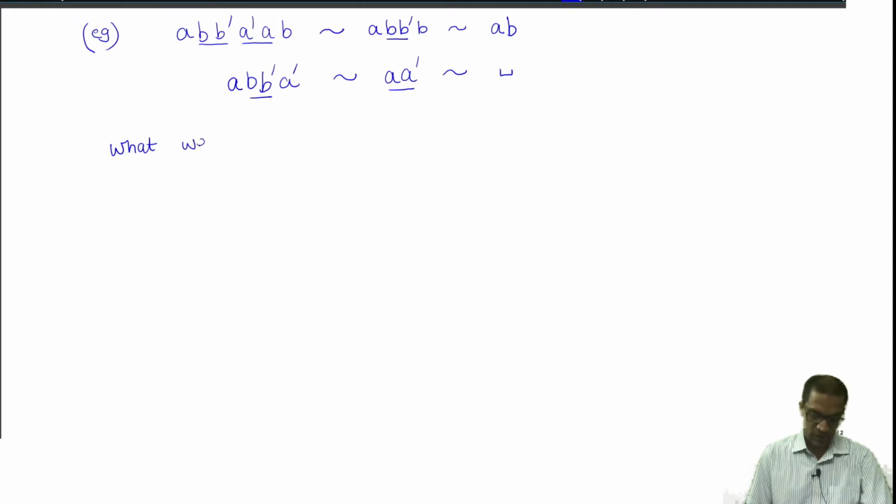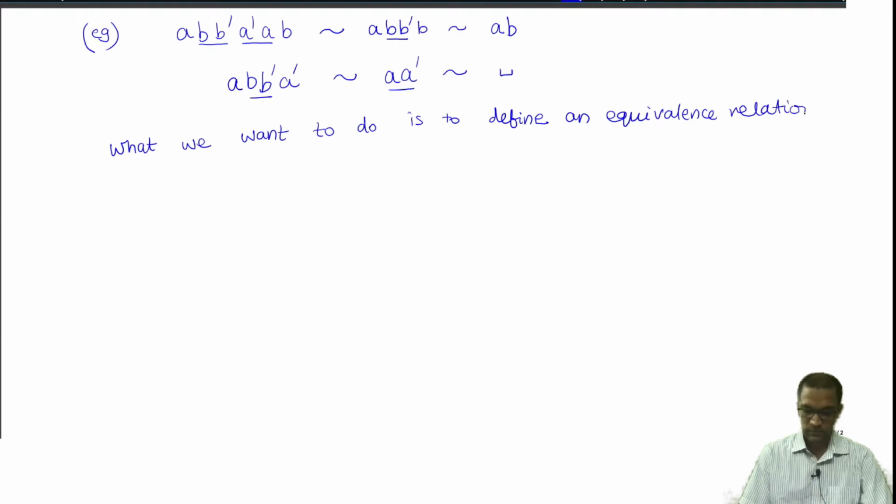So what we want to do really is to define an equivalence relation, which I'll denote by tilde, on the set of all words in the alphabet a, b, a prime, b prime.